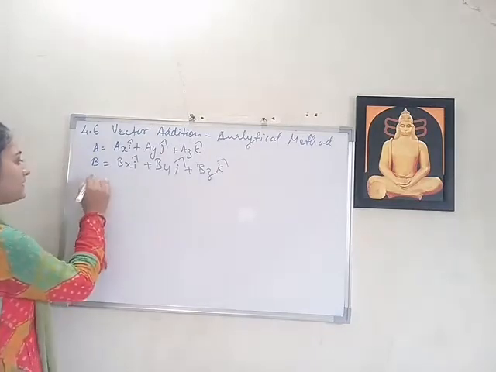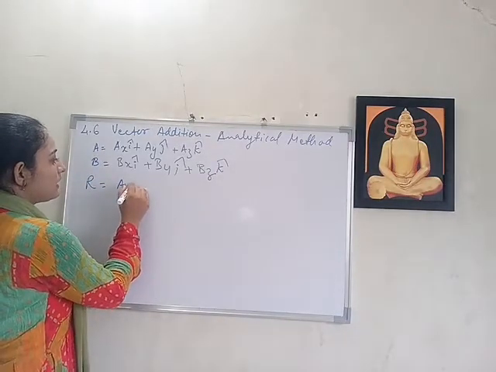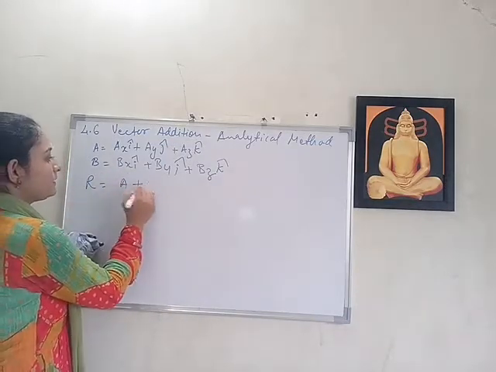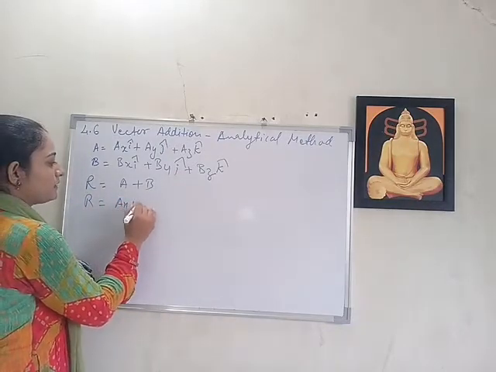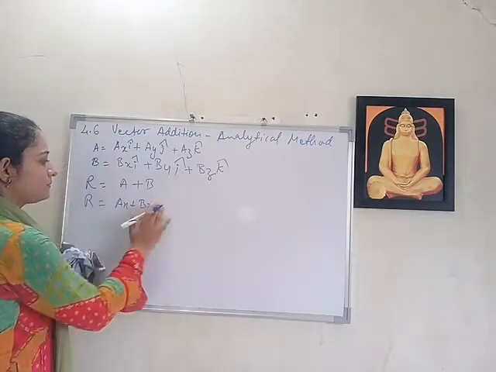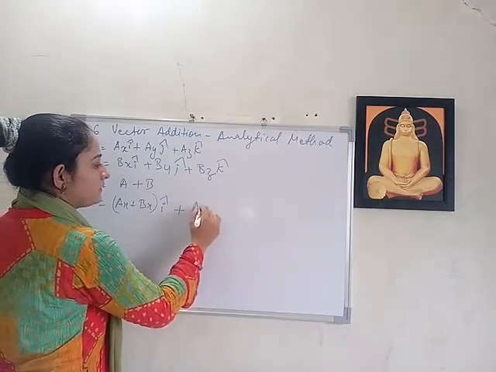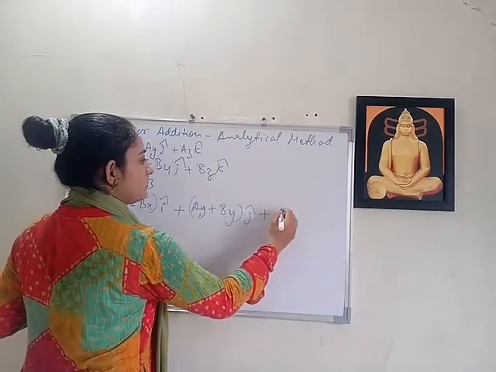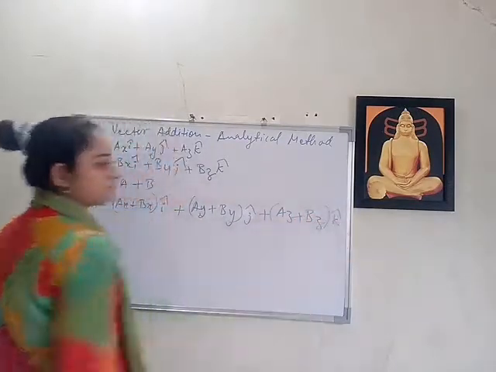So we will have the resultant vector R equal to A plus B, and it will be equal to (Ax plus Bx) i plus (Ay plus By) j plus (Az plus Bz) k.